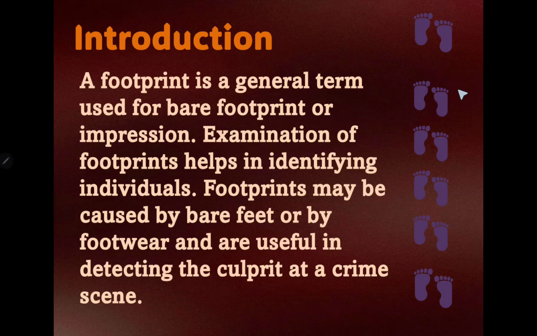Due to genetic defects, some people have an extra toe, or due to injury, they can lose a toe or get scratch marks. Based on that and the suspect list we have during the crime investigation, that can help us find the specific individual who committed the crime. So the footprint is unique for everyone.